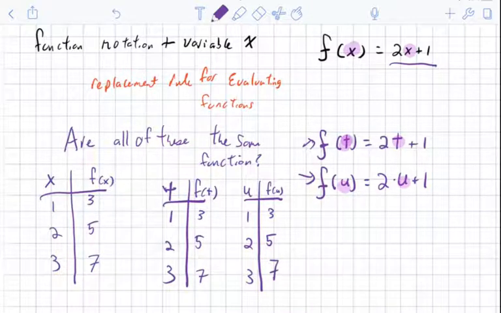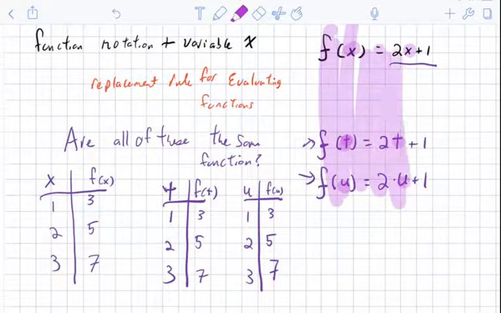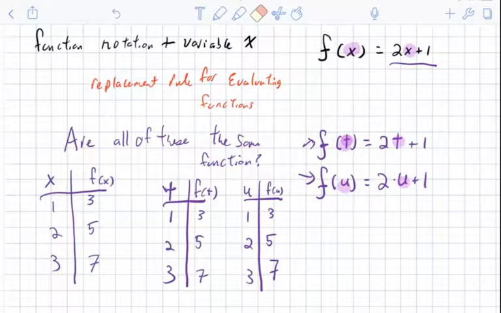So there is a question: are these all the same function or are they different functions? I mean, they're different expressions. They involve different letters, right? But are they the same function? And the answer is, yeah, they're definitely the same function. What do I mean by that? I want you to remember what we said about functions. Functions are kind of relationships between sets of numbers. They're us saying, you give me an input, I'll give you an output.